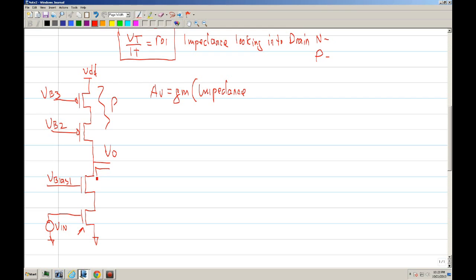So you want the impedance looking in there of the N channels, in parallel with the impedance of the P channels.